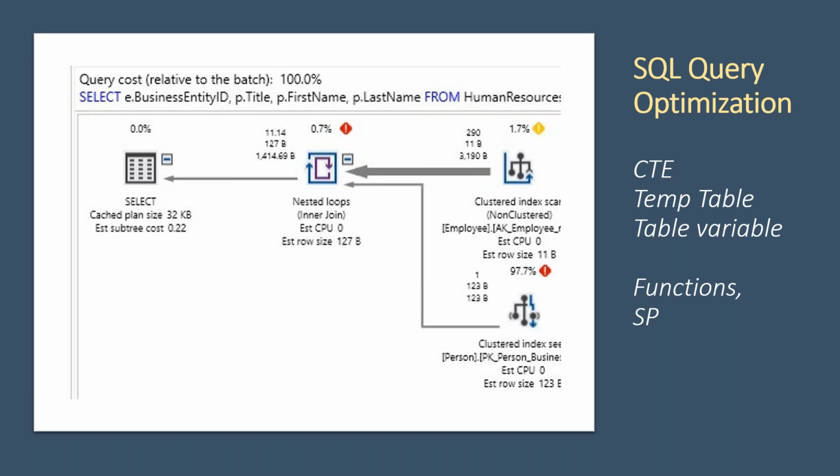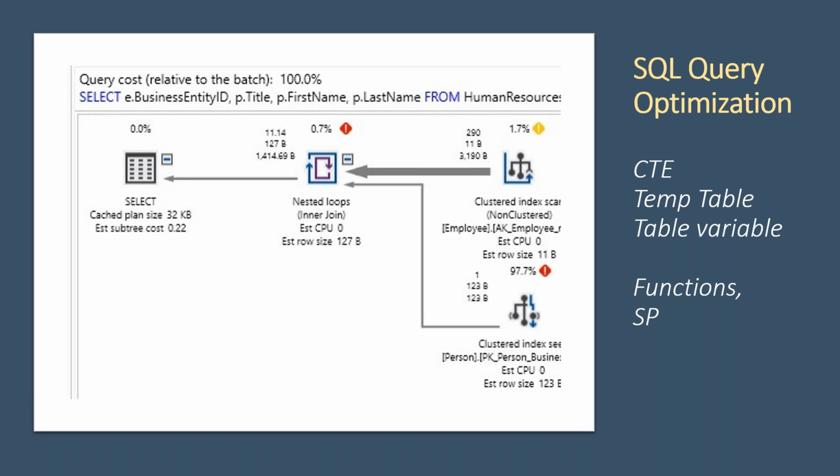Then after that, SQL query optimization. For example, whenever we are writing complex queries, rather than hitting the direct table in our complex query, if we need to get information from one particular table more than one time, at that time we can use CTEs, temporary tables or table variables.